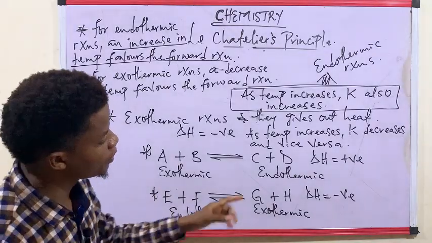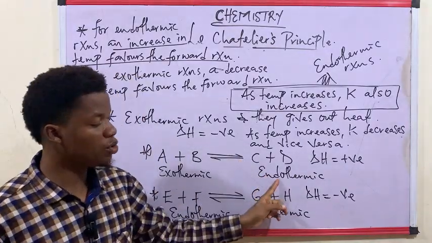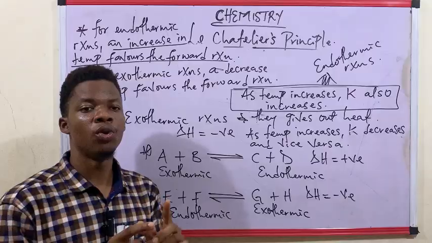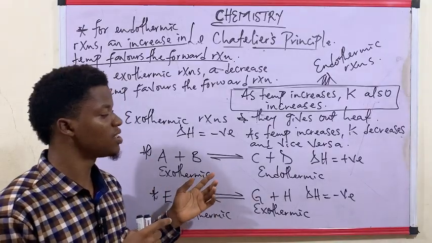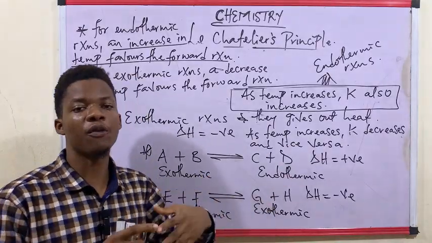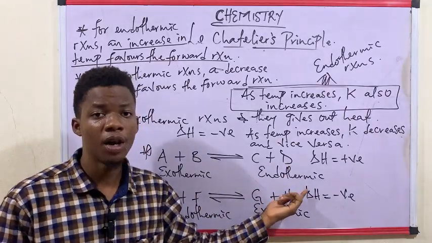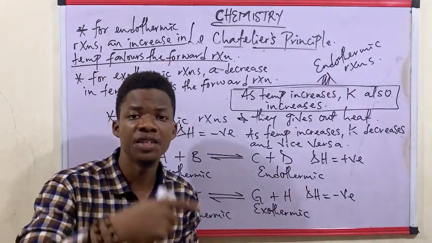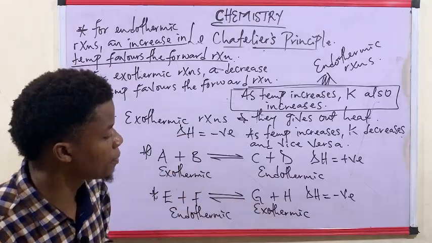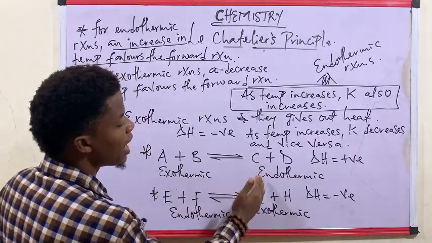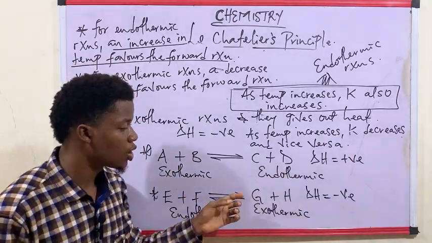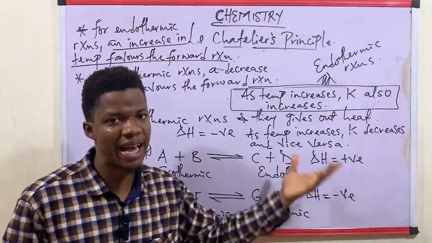So because the forward reaction is endothermic, in order for us to push the equilibrium system to the right, or favor the right hand side where you have the endothermic, we have to increase the temperature. So increase in temperature favors the right hand side, which is your endothermic side.